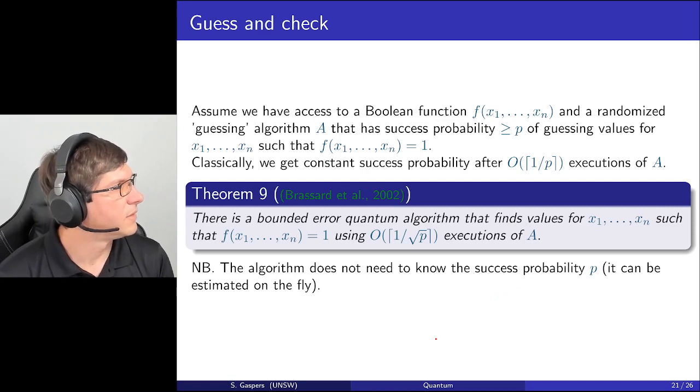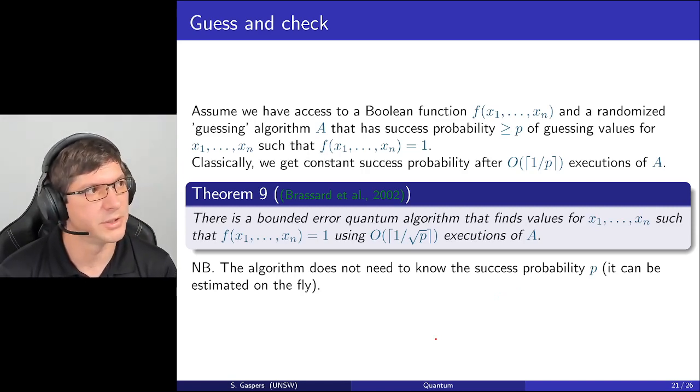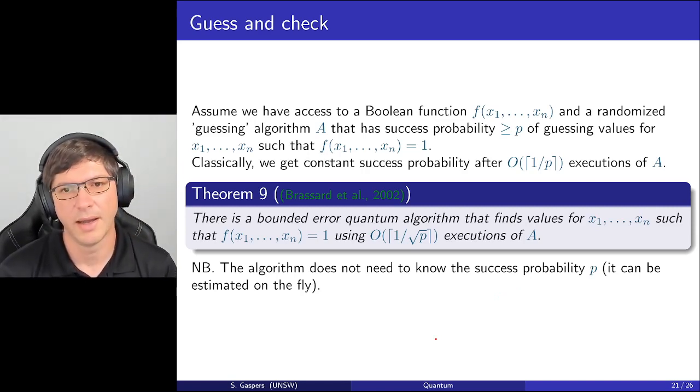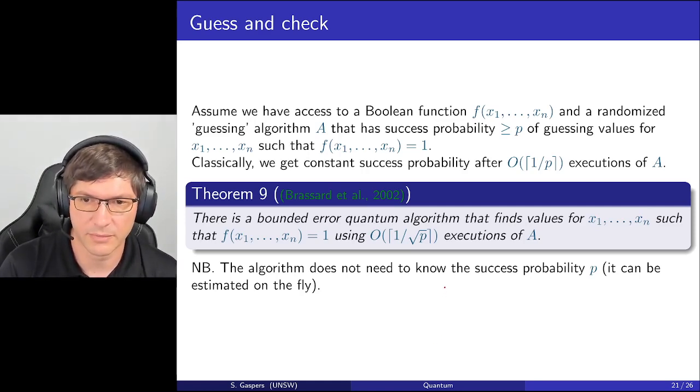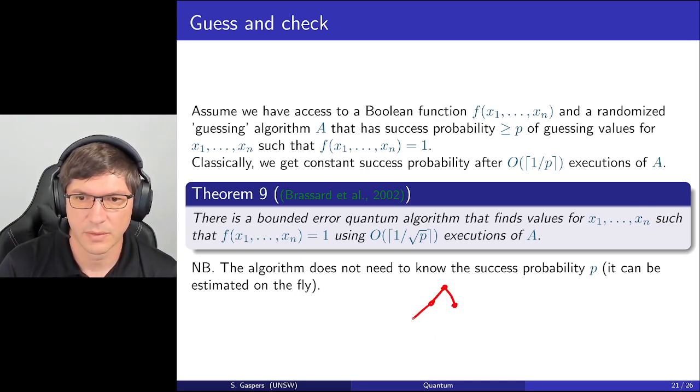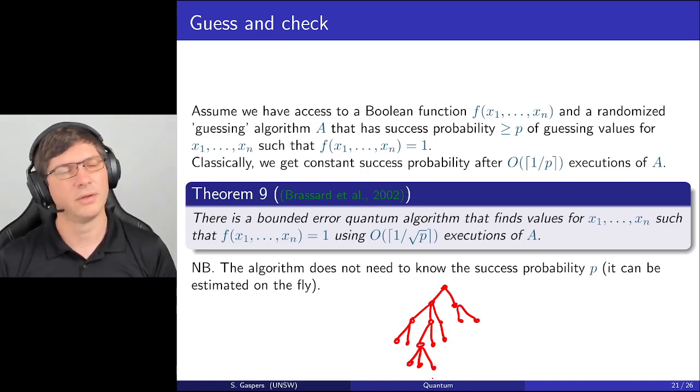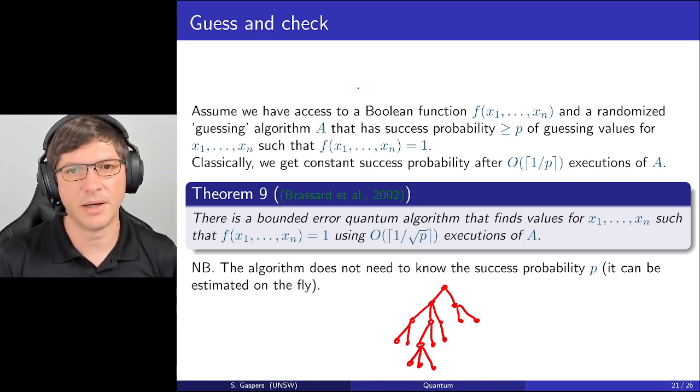There's a tight relationship between these branching search algorithms and this kind of randomized algorithms. So let's say that we have some branching algorithm with some search tree, and we want to turn it into a randomized guess and check algorithm.